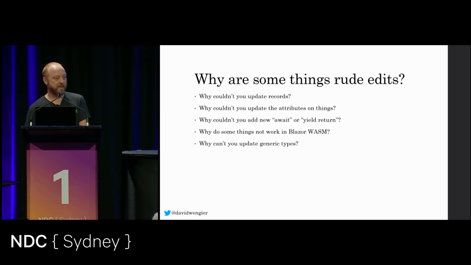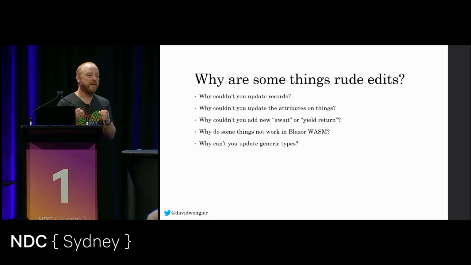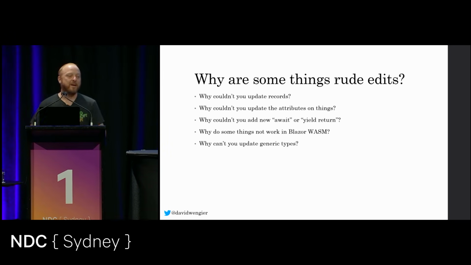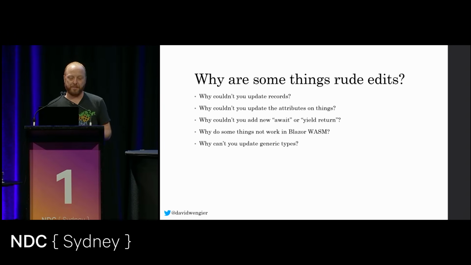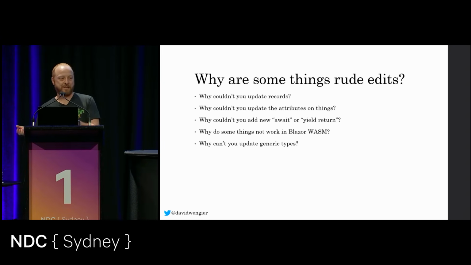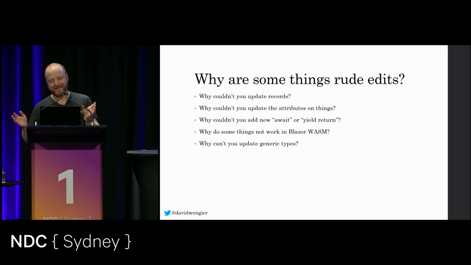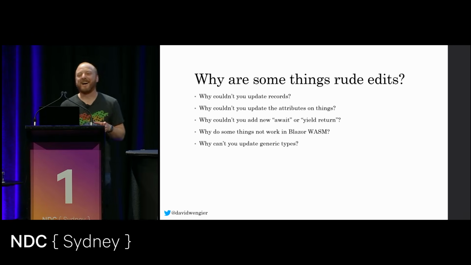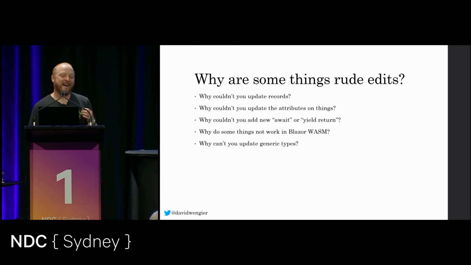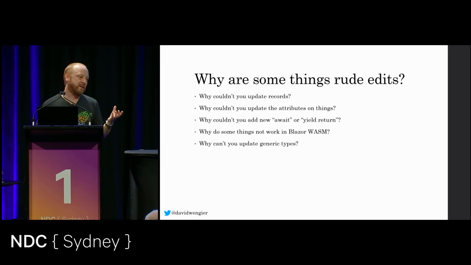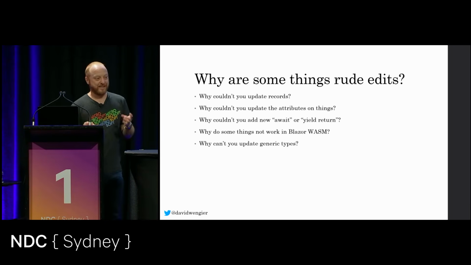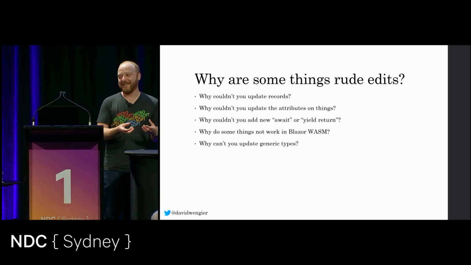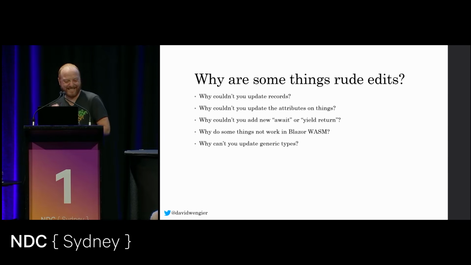Roslyn has to know all of that so that it can tell the compiler, these are all the methods you have to emit, so that it can put them all in the metadata. So we have to teach it all about all the C# features. Now the compiler devs are supposed to do this, but some of the big ones, they leave for us, and we do a pass at the end. The easiest way to teach Roslyn about a new compiler feature is to say, if you see this new compiler feature, it's a root edit. And that ticks the box.